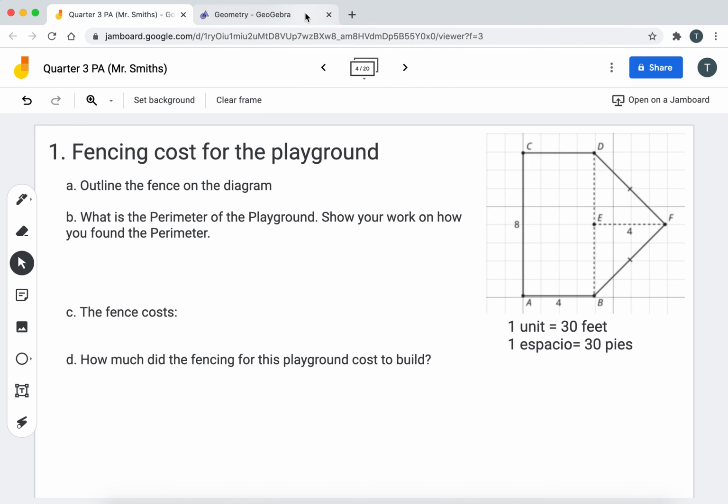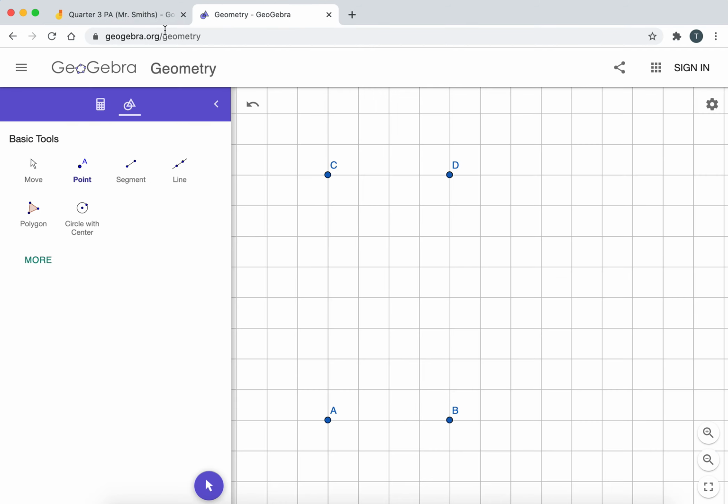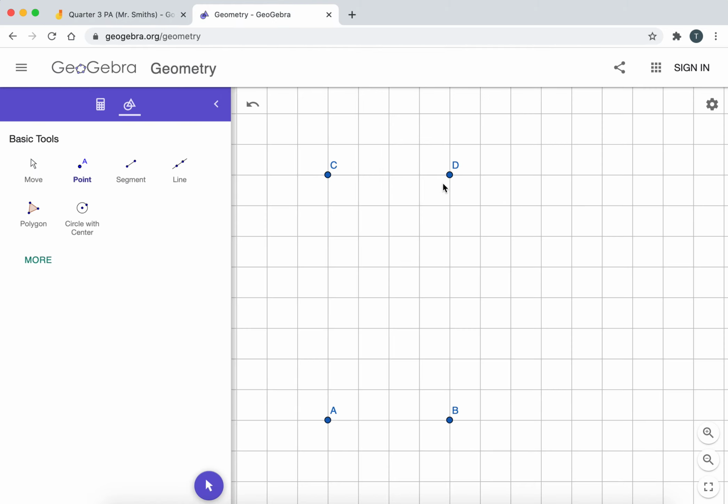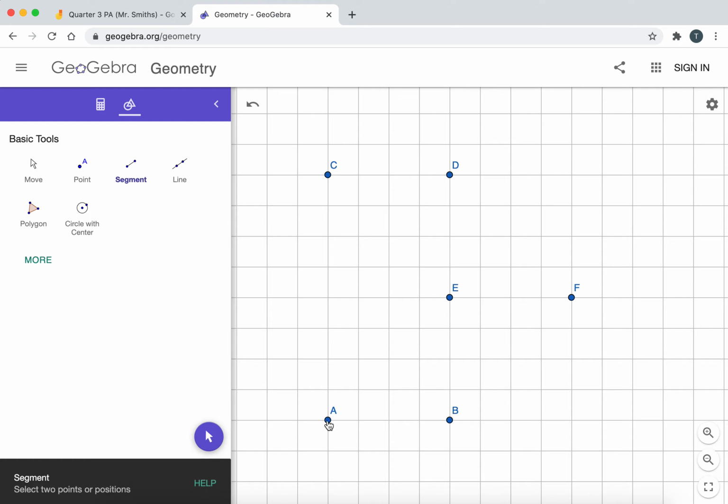Point D makes a rectangle, so I know that's right here. Point E is 4 units down, and point F is 4 units to the right. So 1, 2, 3, 4. Now I'm going to connect using the segment tool.